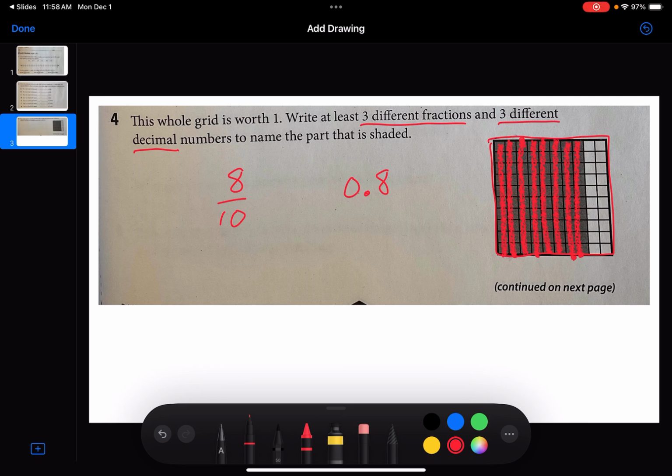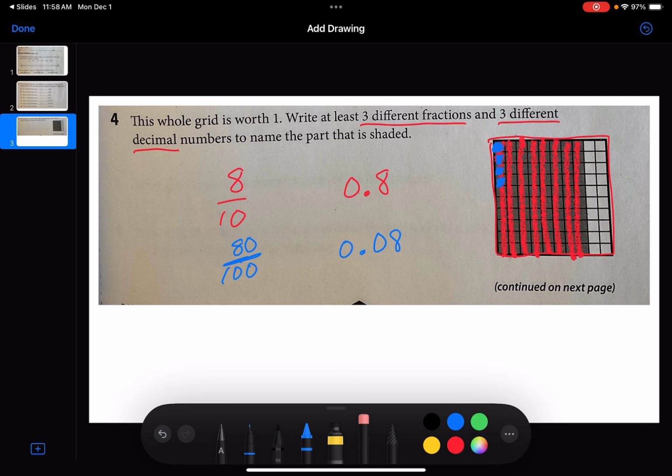Now, if I'm counting all the little squares, this little square, this little square, this little square, there's 100 of those little squares. Each one of those is a hundredth. So if I wrote this as 8 hundredths, no, that would be 80 hundredths, because there's 80 of them, and that would be written as 0.80. So now, how am I going to write this as another fraction?